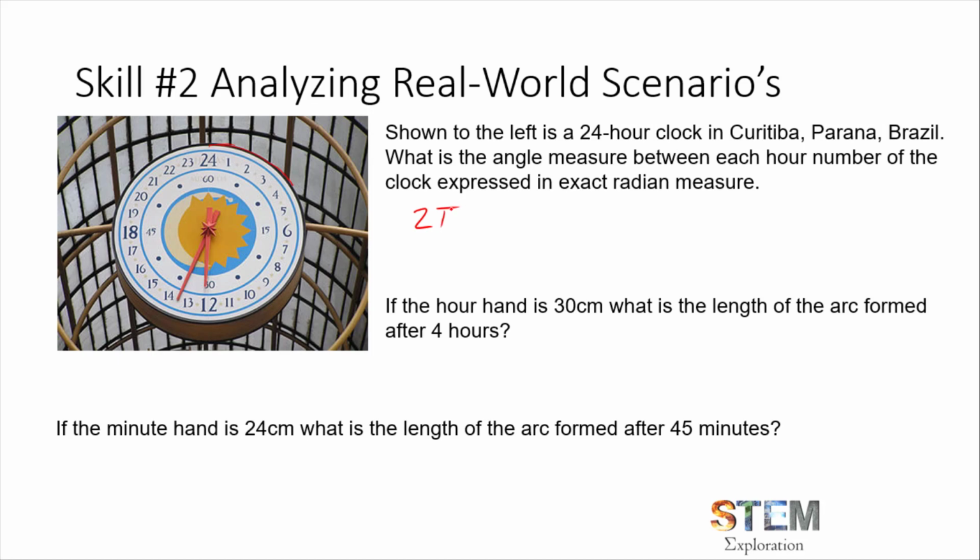If you need to find an equal portion for each hour represented by this clock, they're all equally measured portions, so you just take the circumference of your circle and divide it by the 24 equal portions on this clock. We're just taking 2 pi and dividing it by the number of portions. This is the entire circle.